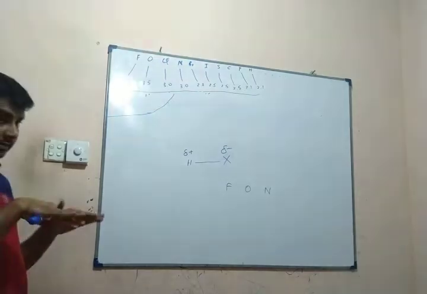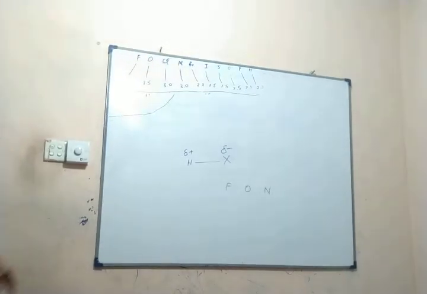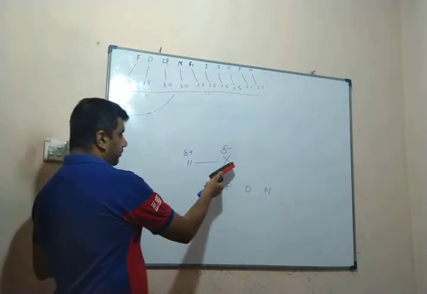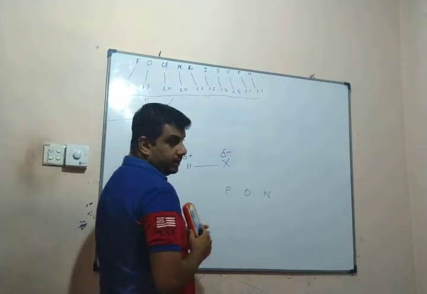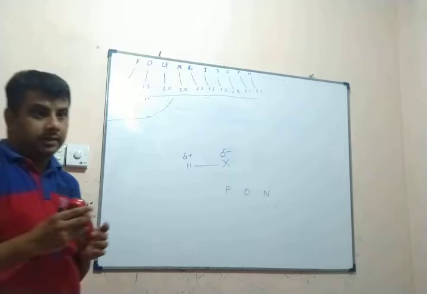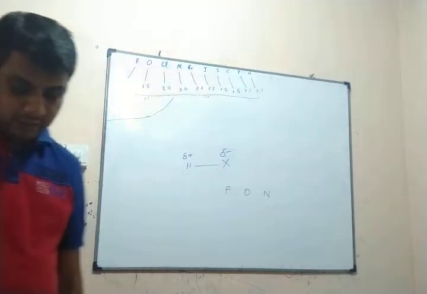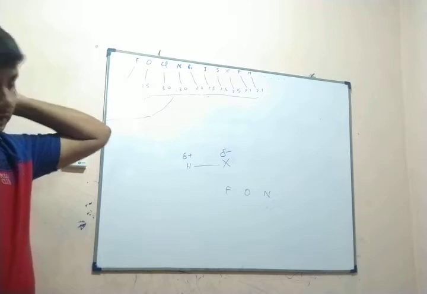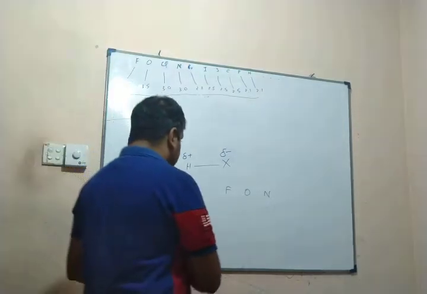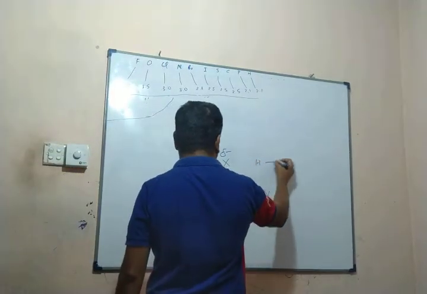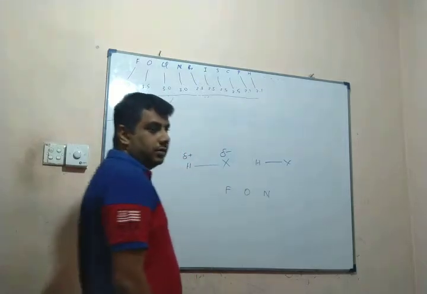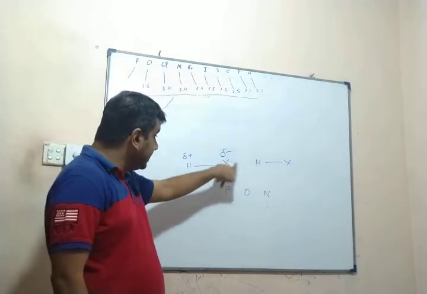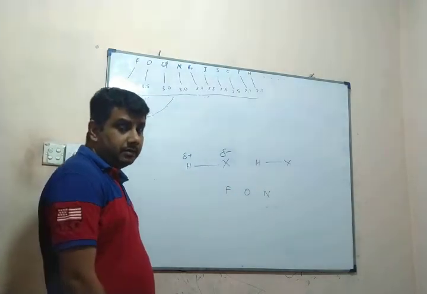So this should be fluorine, oxygen or nitrogen. That's called a hydrogen bond. There would be a dipole attraction between this delta minus and delta plus.